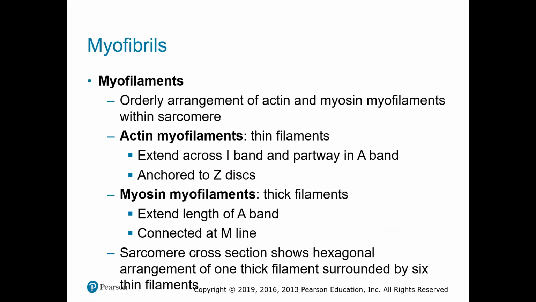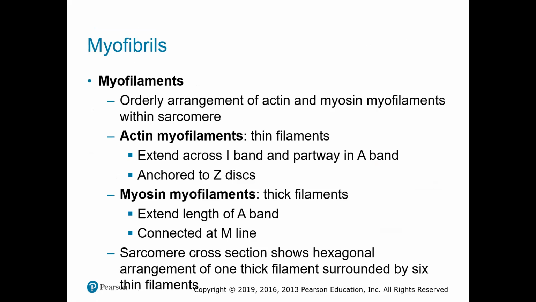Now, these striations are formed by the presence of the myofilaments. So the myofibrils appear to be striped thanks to the myofilaments. And this is where the actin protein and the myosin protein come in. The actin myofilaments are called the thin filaments. Actin's a protein.